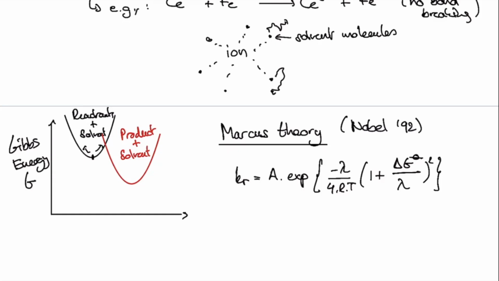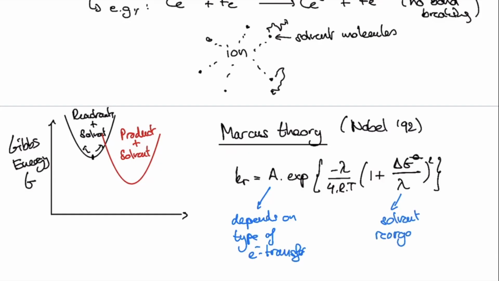Okay, so let's look at the different terms. This A is a factor that depends on the type of electron transfer. And this lambda is a solvent reorganization term.